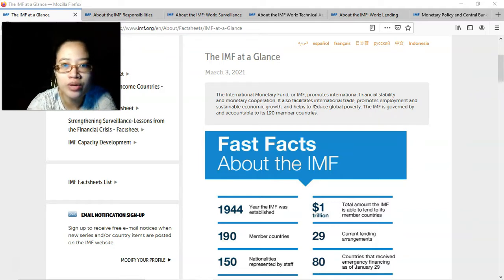Okay, so it facilitates international trade, promotes employment and sustainable economic growth, and helps to reduce global poverty. So it's the same purpose as a central bank or monetary board, but of course they're on an international level. The IMF is governed by and accountable to its 190 member countries.